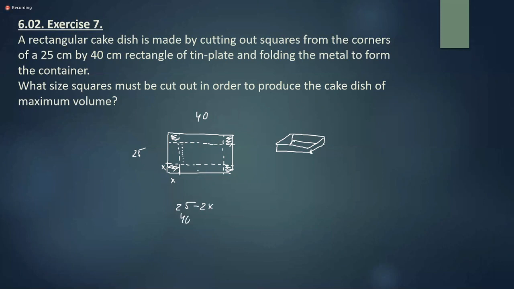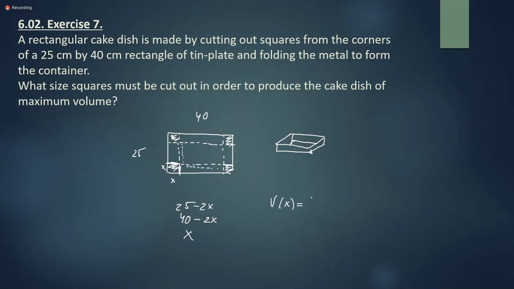This is 40 minus 2x. And the height of the box will be evidently x, because these are the sides folded up. And then when you multiply all these three for the volume, you have a function that you can maximize. You can find the maximum value. So the volume function would be dependent on x.